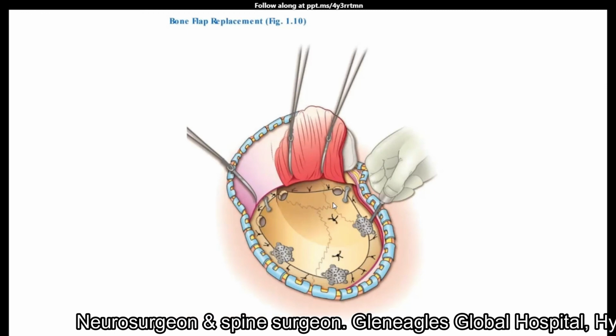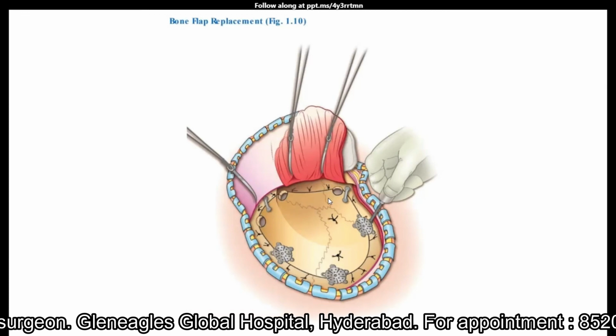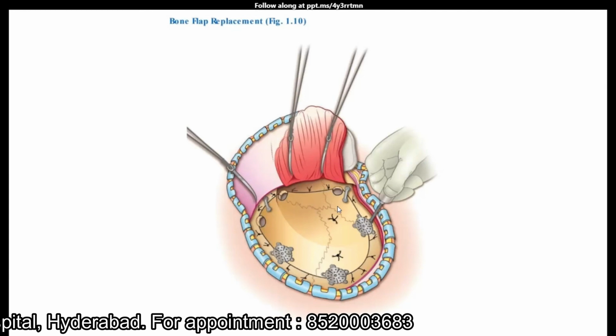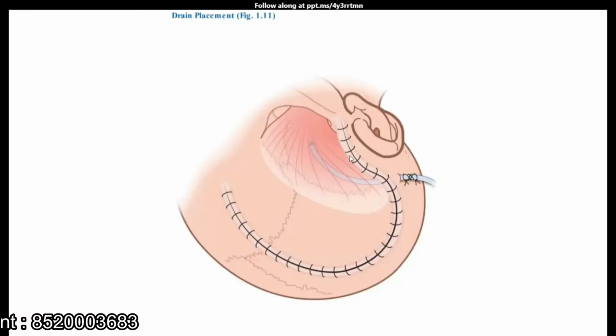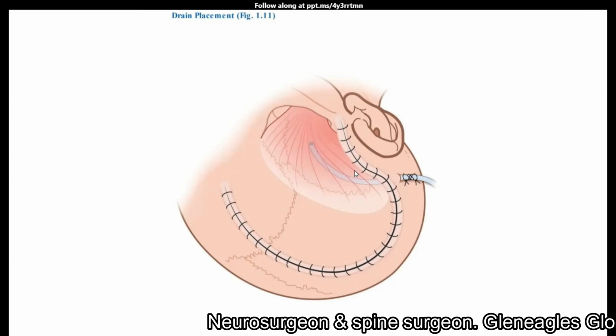If there is excessive brain swelling, or if I'm expecting brain swelling in the future, I will not place it back and I will do it like a decompressive craniectomy. I use a closed suction drain, suture back the temporalis muscle, replace the skin flap, and suture the skin flap in layers.